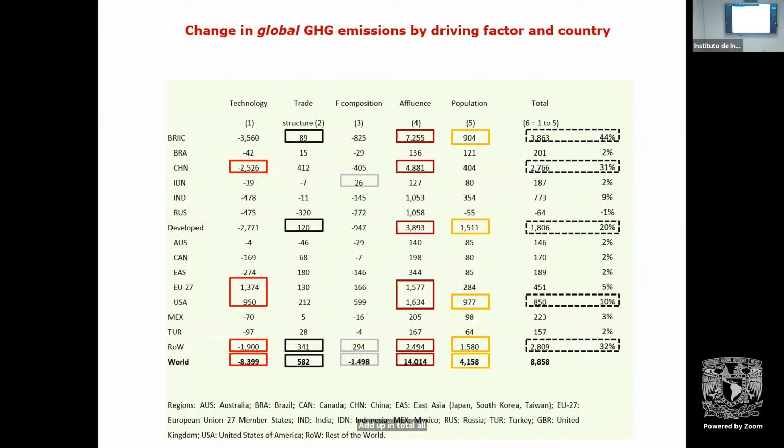So that is approximately 2.7 gigatons. What does this mean? Changes in China have caused global emissions to increase by 2.7 gigatons. And that is 31% of the total increase in global greenhouse gas emissions.